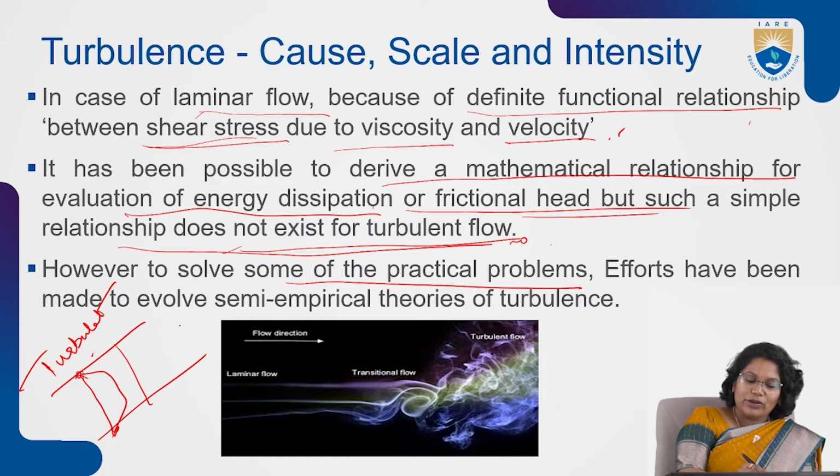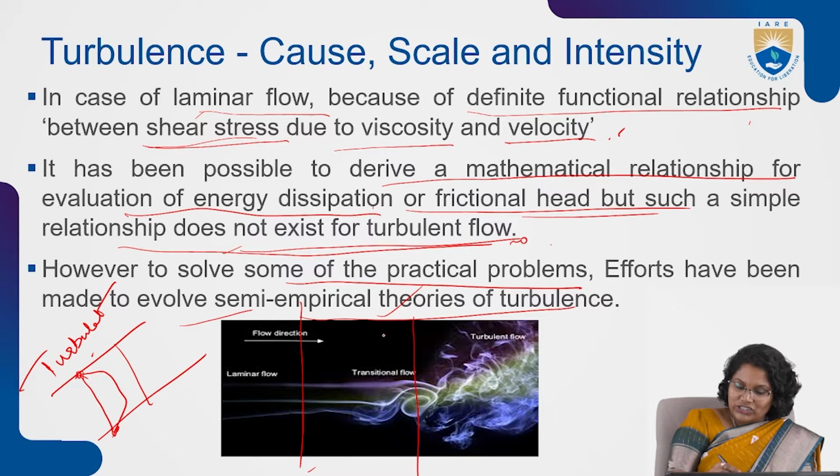However, to solve some of the practical problems, efforts have been made to develop semi-empirical theories of turbulence. Because of this complex diagram, some mathematical expressions will be there. So these are some simple empirical theories to solve the turbulent application. This is your laminar flow. See how your flow is getting changed.